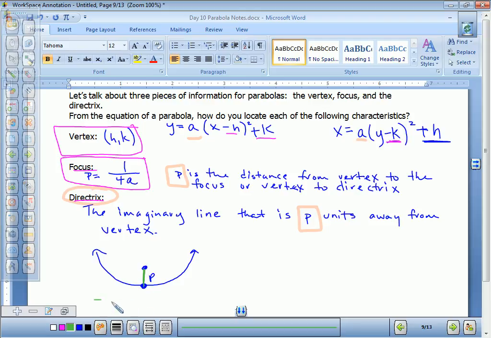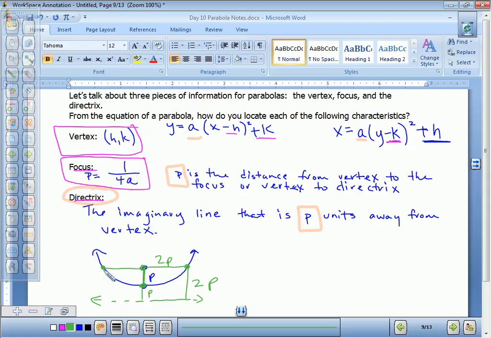Okay, so if we had the vertex here and the focus here, we know it's P units apart. This distance and this distance always have to be the same. Well, this distance is P and P, which makes it 2P. So this distance is 2P.